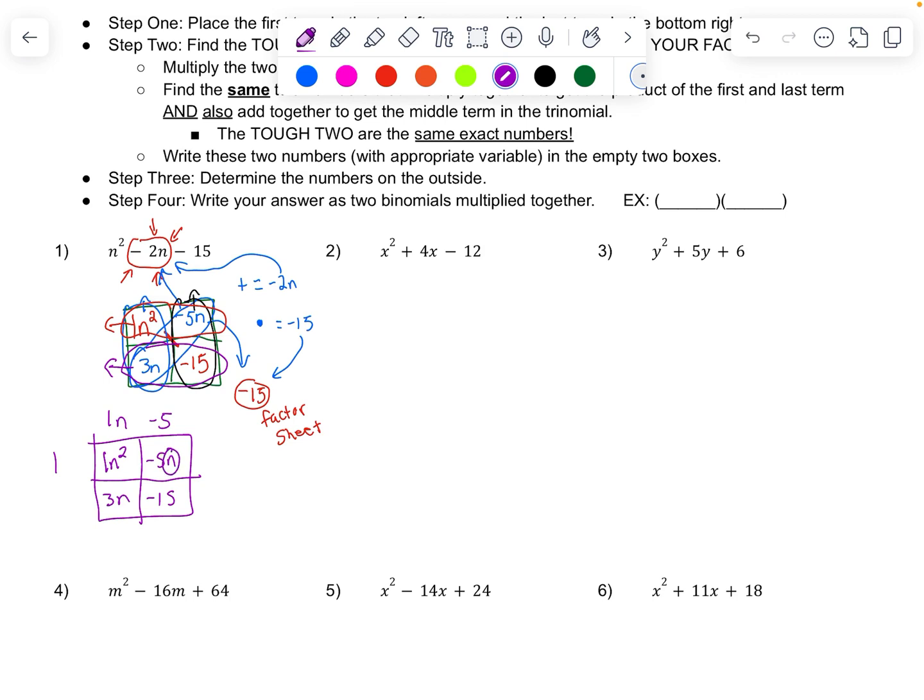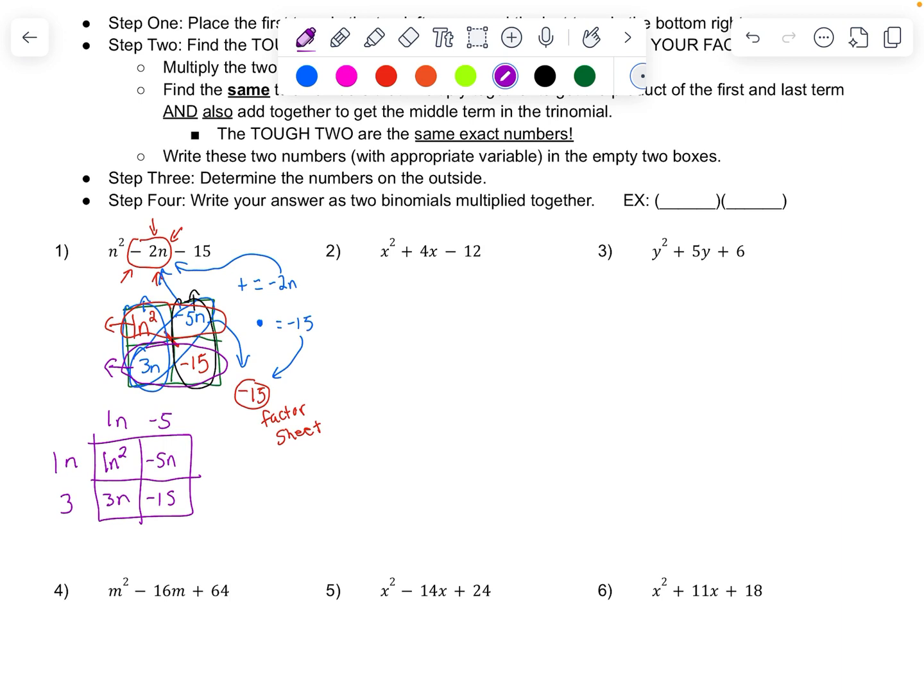Here I have 1 n, so they both have at least 1 n. And then last one, I got to fill in that star. I look at the number 3 and the number negative 15, or 15. So 3 and 15, the greatest common factor that 3 and 15 have is 3. And that is our answer.